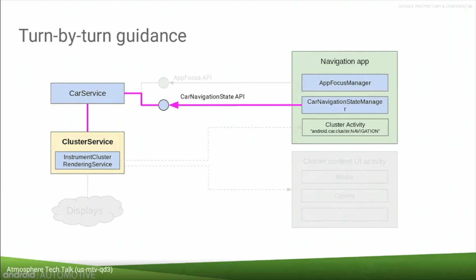Then the last thing I want to review is turn-by-turn guidance. This is related to focus. Navigation applications can send their turn-by-turn directions by using the car navigation state manager. They can only do it when they have navigation focus. We don't want one app showing the map with the route and another app giving the turn-by-turn guidance.